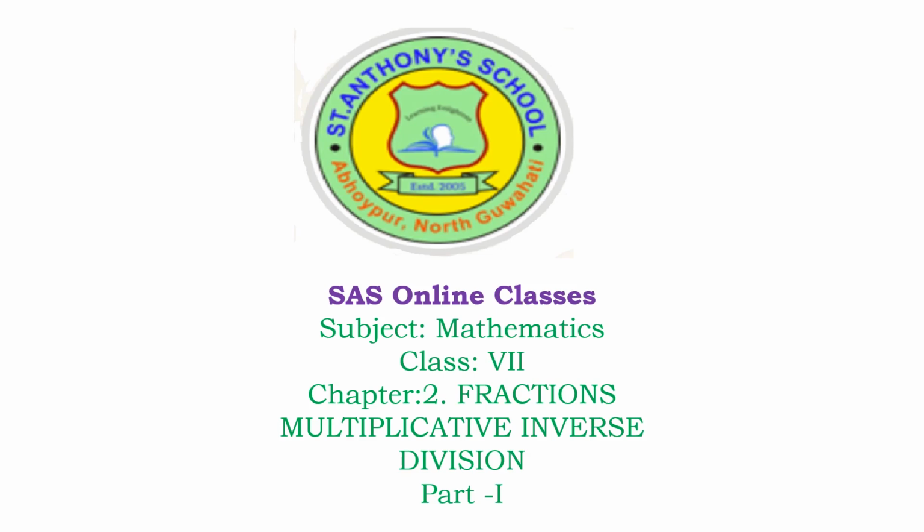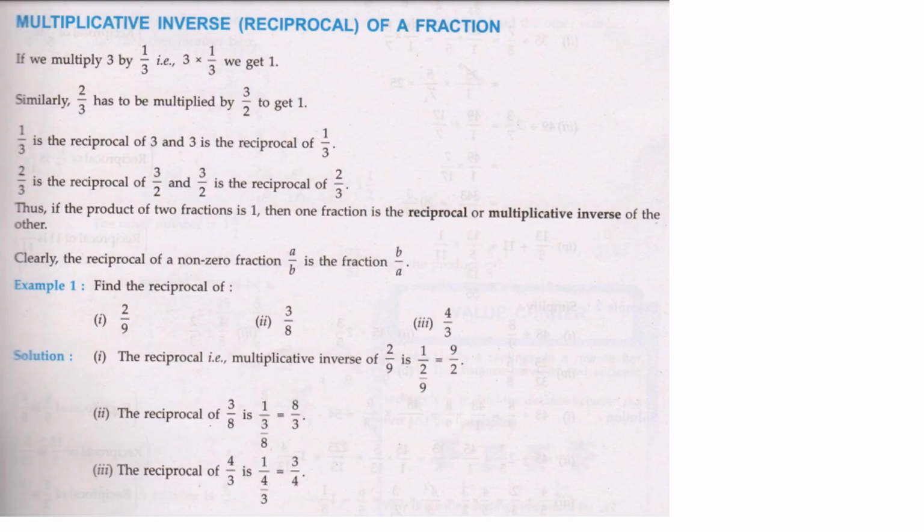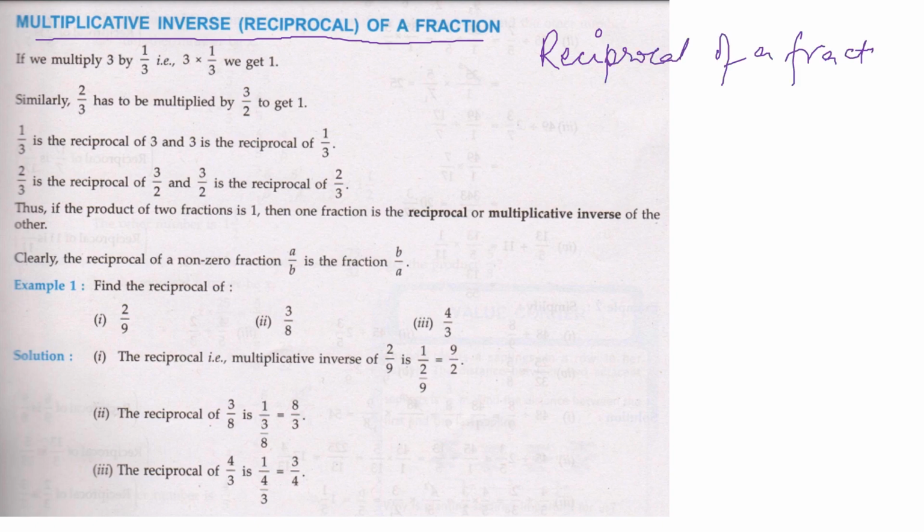Today we will see about the multiplicative inverse of a fraction and how to do division over fractions. So to begin with, multiplicative inverse or reciprocal of a fraction. The reciprocal of a fraction is obtained by inverting it.